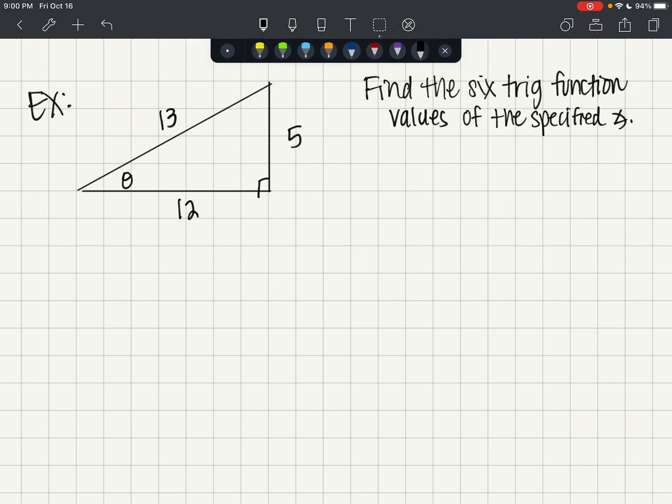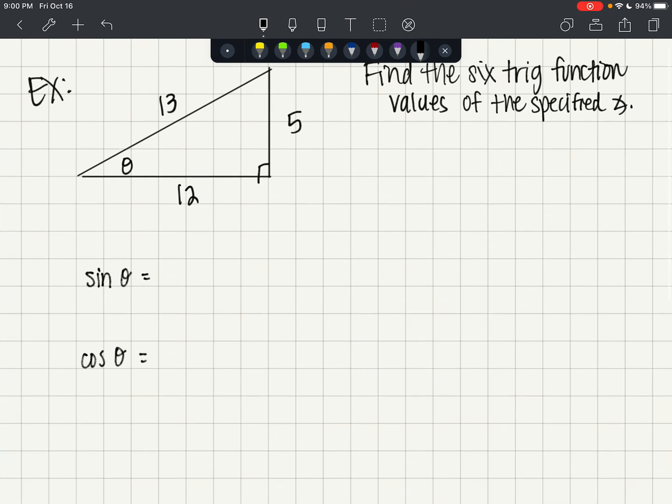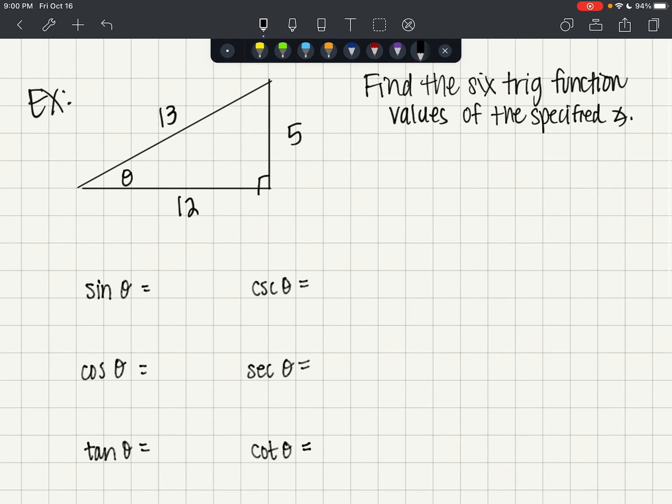So the first thing I'm going to do is write sine of theta, cosine of theta, and then tangent of theta equals, and then cosecant of theta equals, secant of theta equals, and cotangent of theta equals.